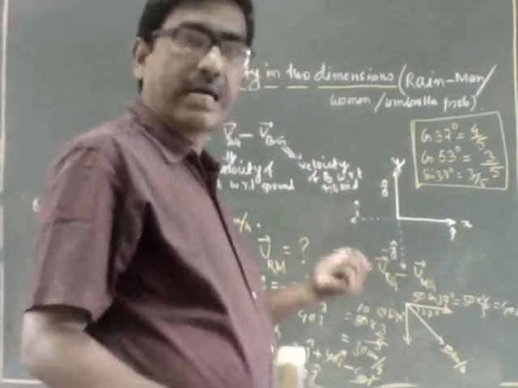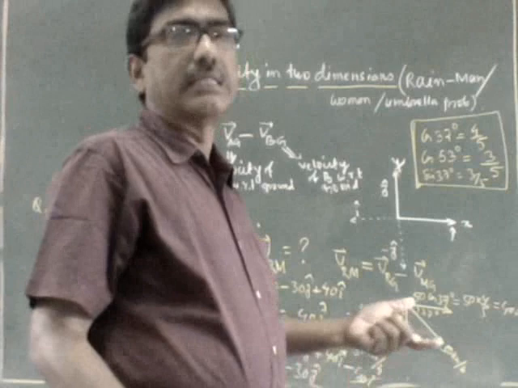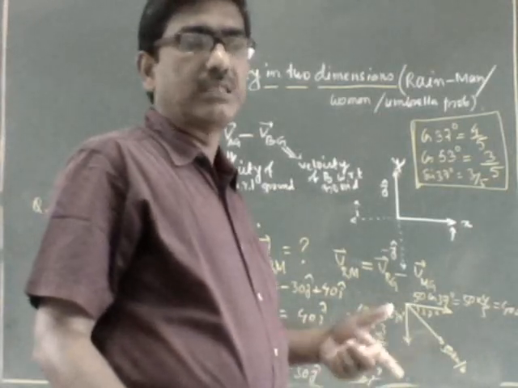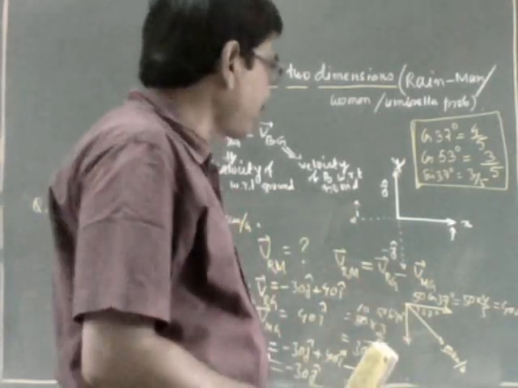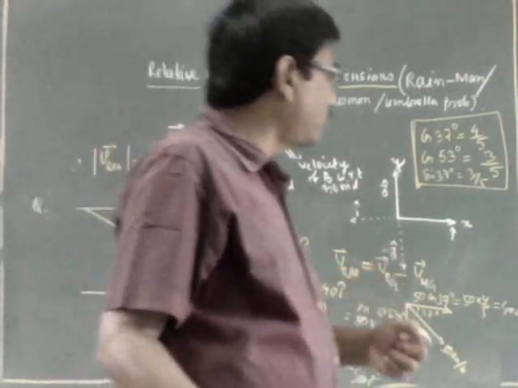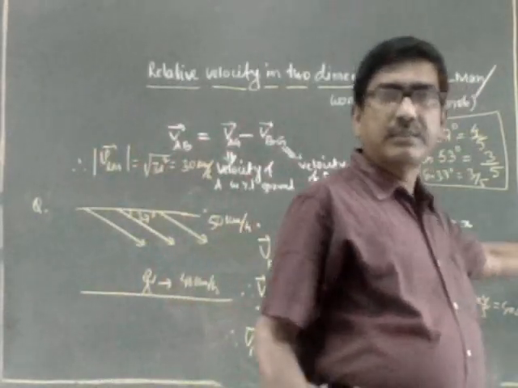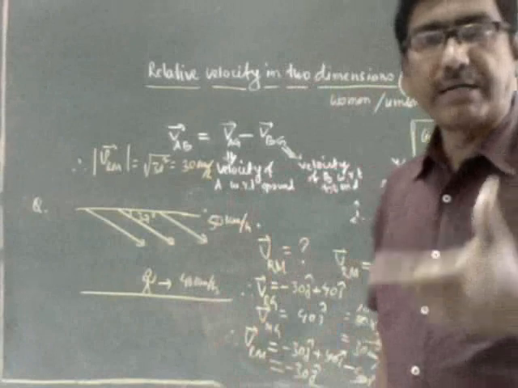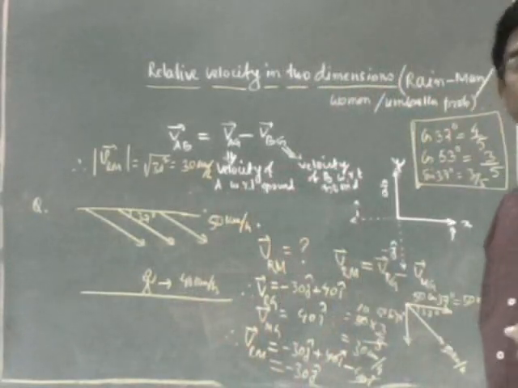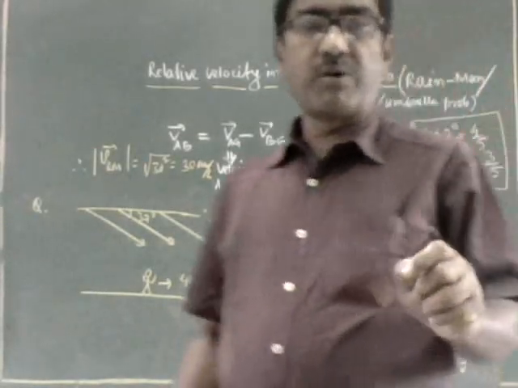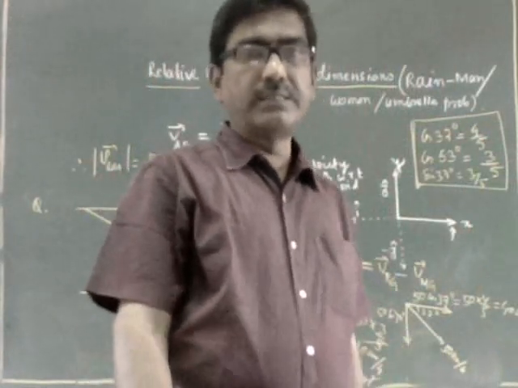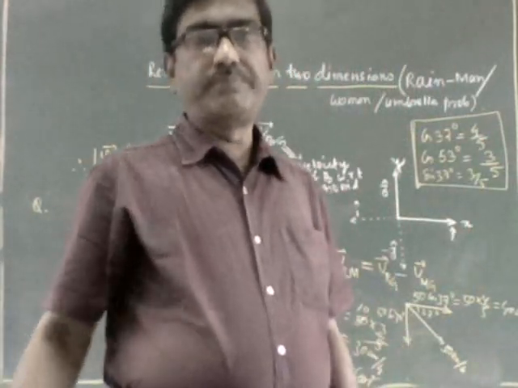Either you can find cos theta directly or tan theta, then theta is tan inverse of so and so. In this way you find the angle at which the umbrella is to be kept to save him from rain. Is it clear? Okay. Thank you.